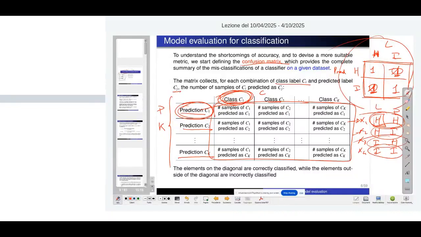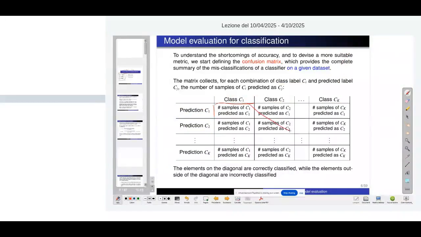Now, the diagonal of this matrix contains what? These are the samples that, for each class, are predicted as the same class. So the sum of these values is the number of correctly classified samples, while all the others are incorrectly classified. So on the diagonal, I have correct classifications. Outside of the diagonal, I have wrong classifications.